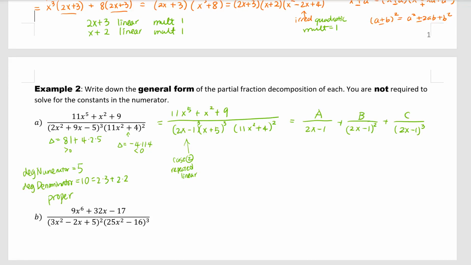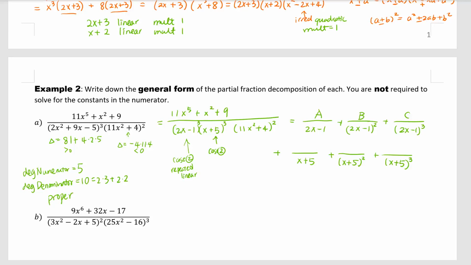All right. Next, well, this guy is also case 2, a repeated linear, right? We start with that factor and we increase the number of copies until we reach the multiplicity. And the numerator is also constant, right?